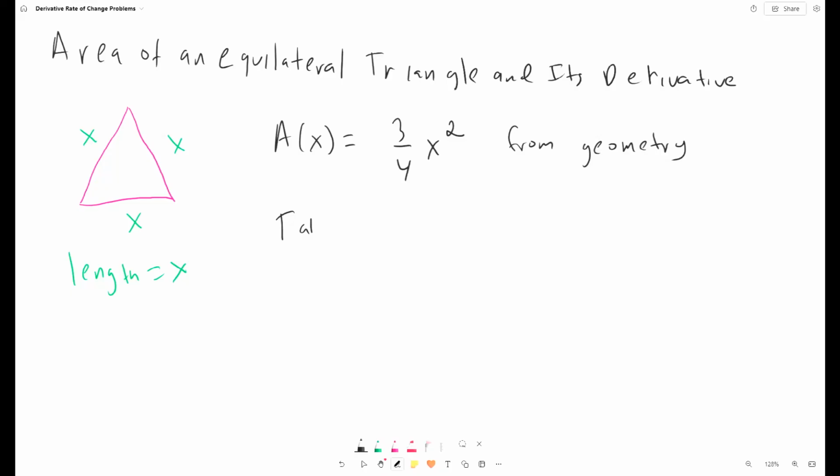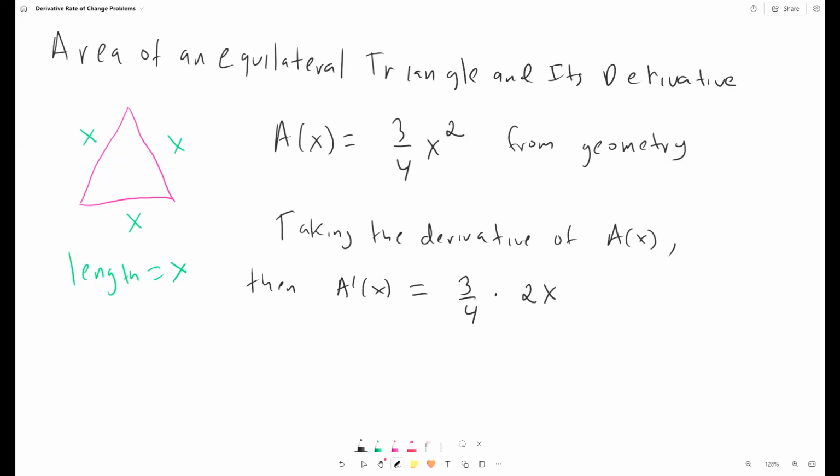So taking the derivative of A of x, then A prime of x is equal to √3/4 times 2x, using the power rule.